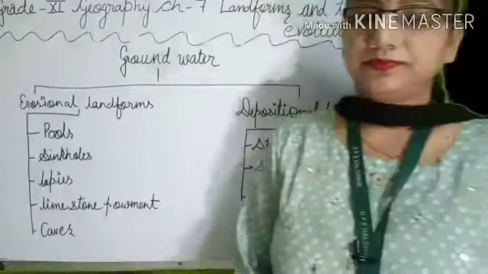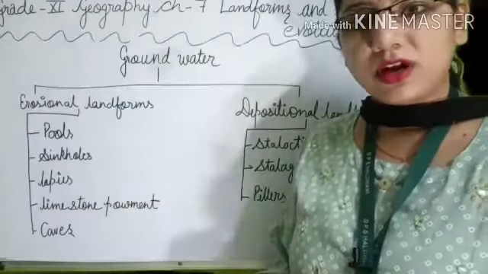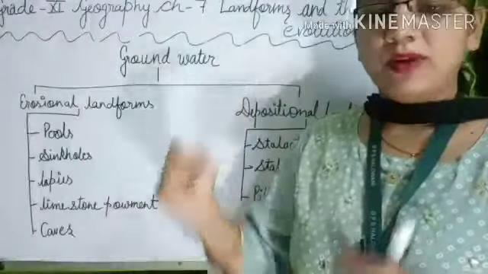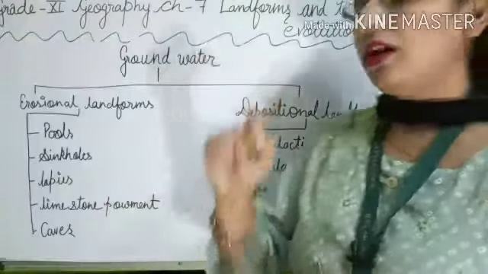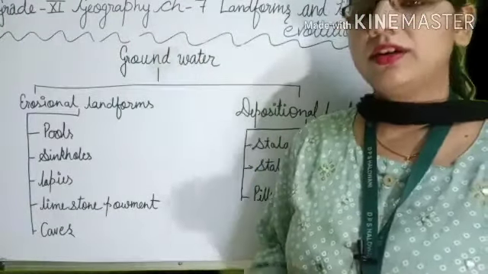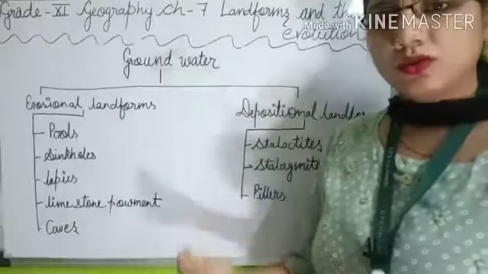So students, when surface water seeps down, meaning when it percolates into permeable rocks, it is known as groundwater. The seepage of water underground is known as groundwater.